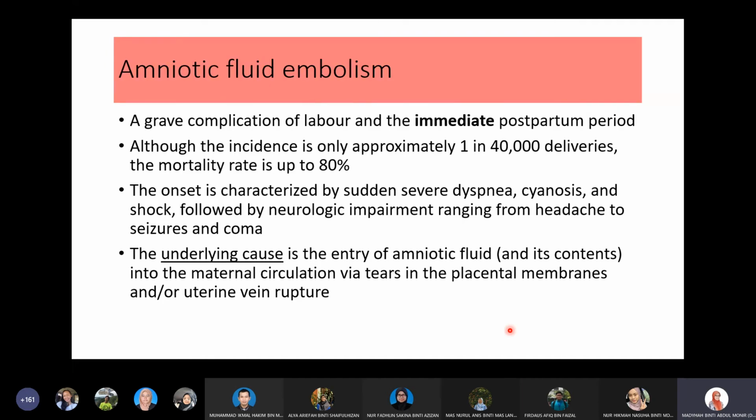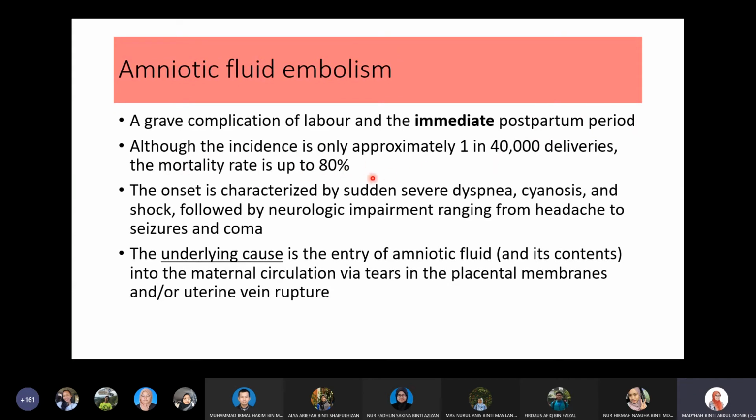Okay, another type of embolism is what we call amniotic fluid embolism. This is a complication of labor and it occurs immediately postpartum, meaning after delivery. It is rare, only 1 in 40,000, but the mortality rate is 80%.